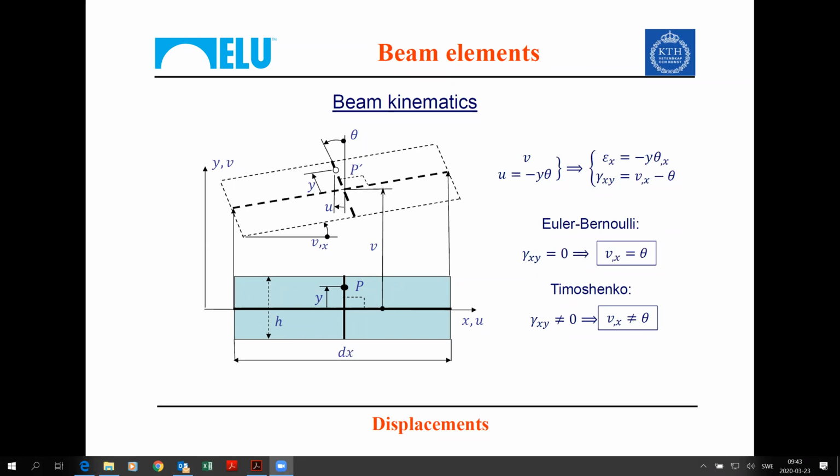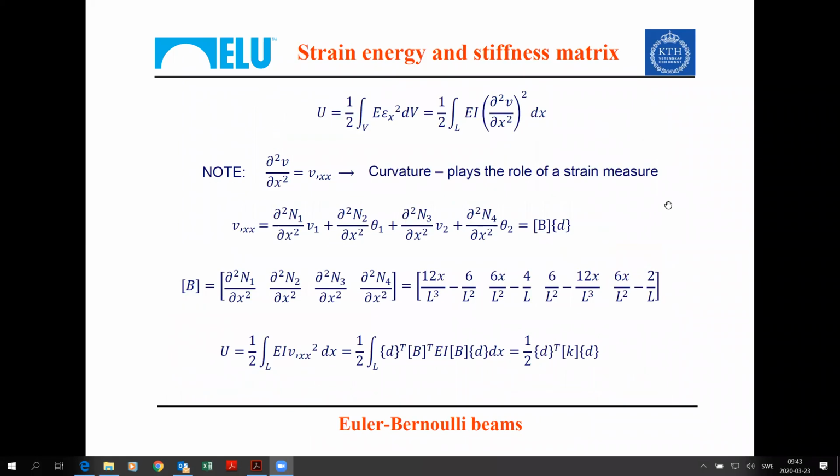That is why we will move from the first derivative to the second derivative, because epsilon x will be minus y d2v dx2.